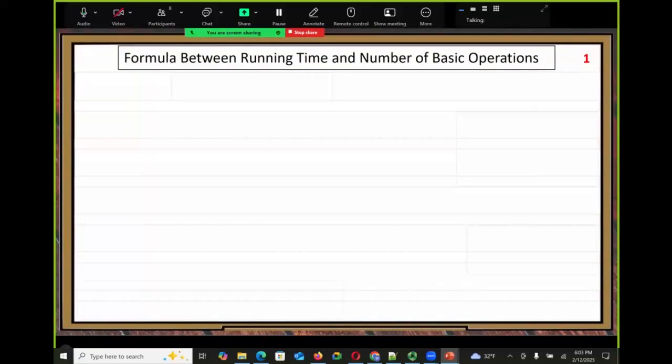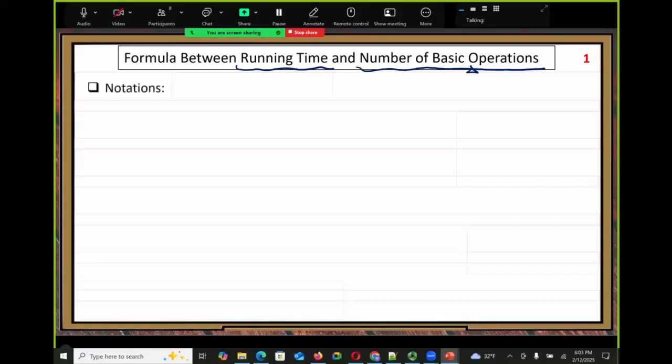Running time, we know, measures efficiency, and we also know it's not a stable measure. And the number of basic operations: here we need to define this basic operation first.